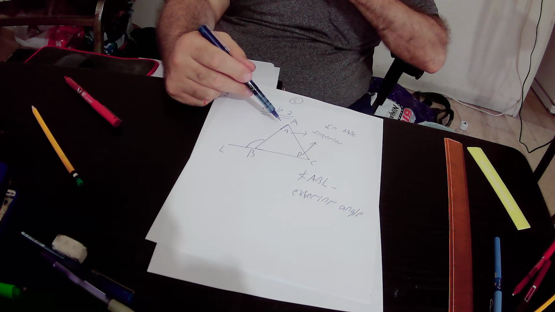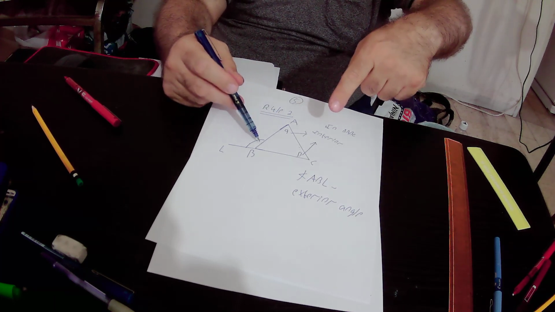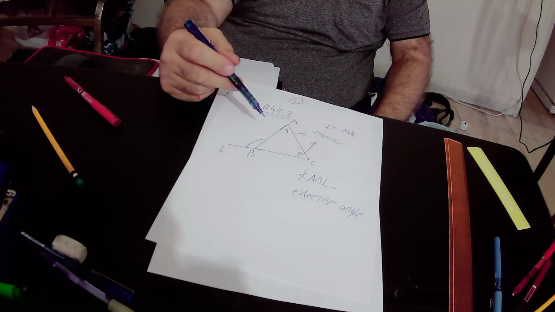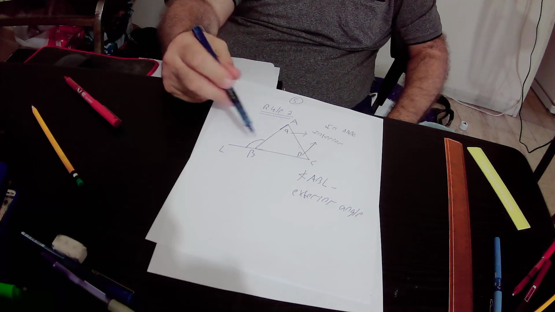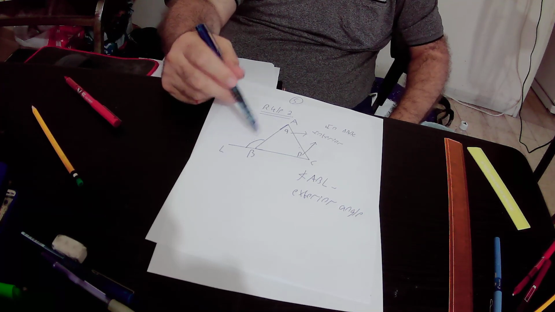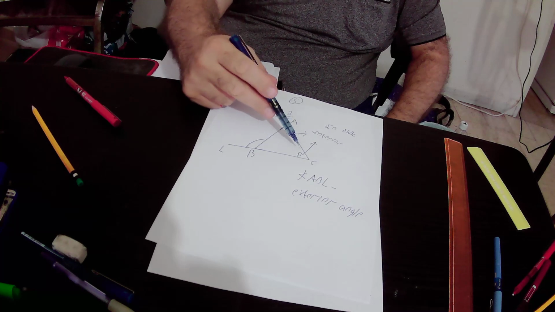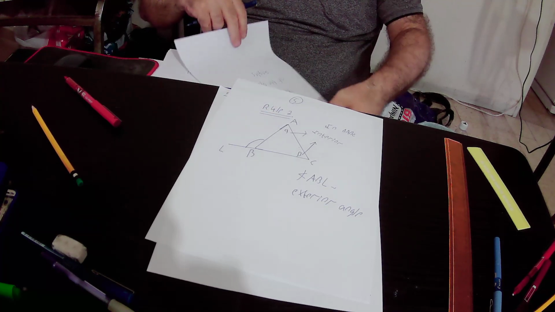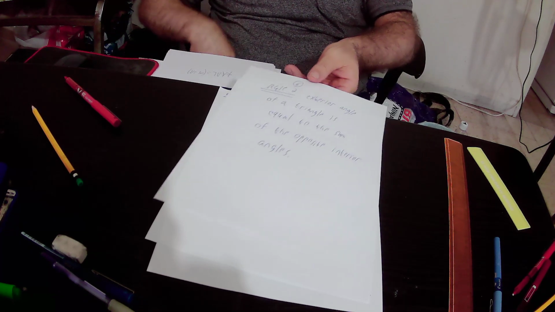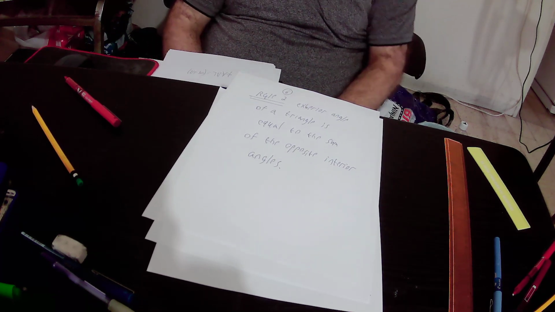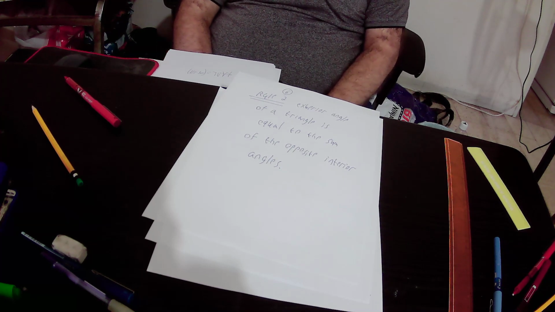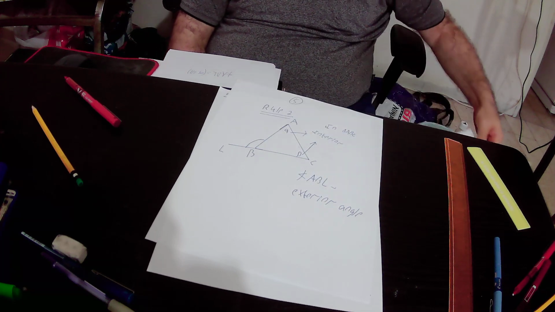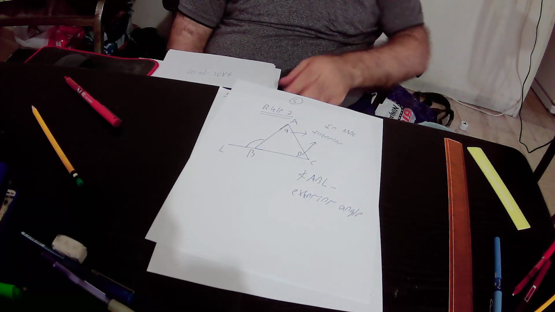They are the opposite interior angles in relation to angle ABL. So according to rule number 2, the exterior angle of a triangle is equal to the sum of the opposite interior angles.